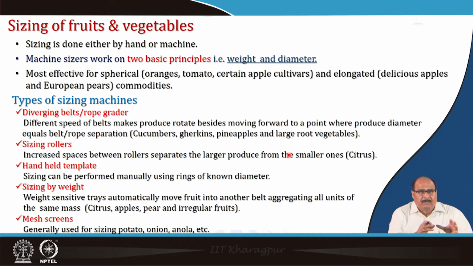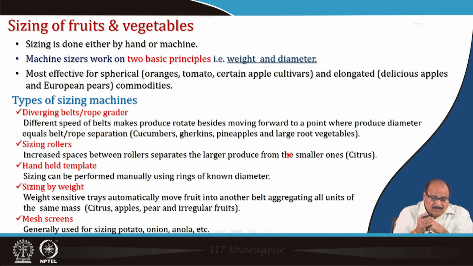The types of sizing machines may be diverging belt or rope graders, where different speeds of the belt make produce rotate, besides moving forward to a point where produce diameter equals the belt or rope separation. Cucumbers, pineapples, large root vegetables, etc., can be sized using this system.